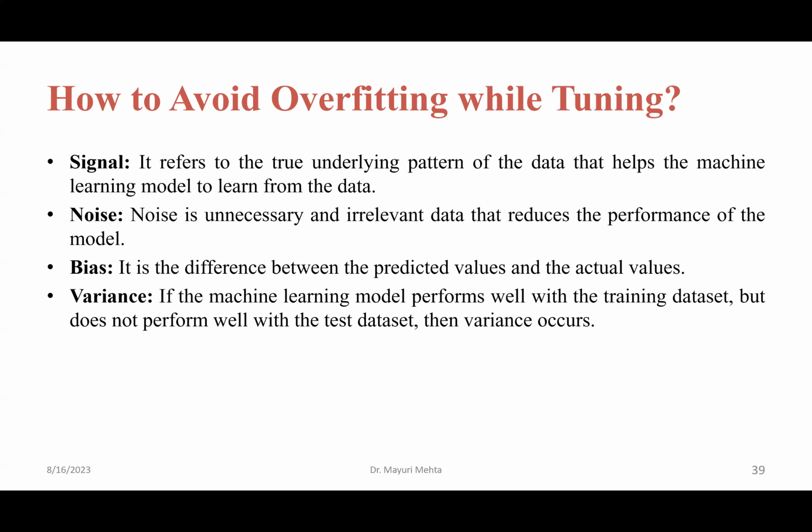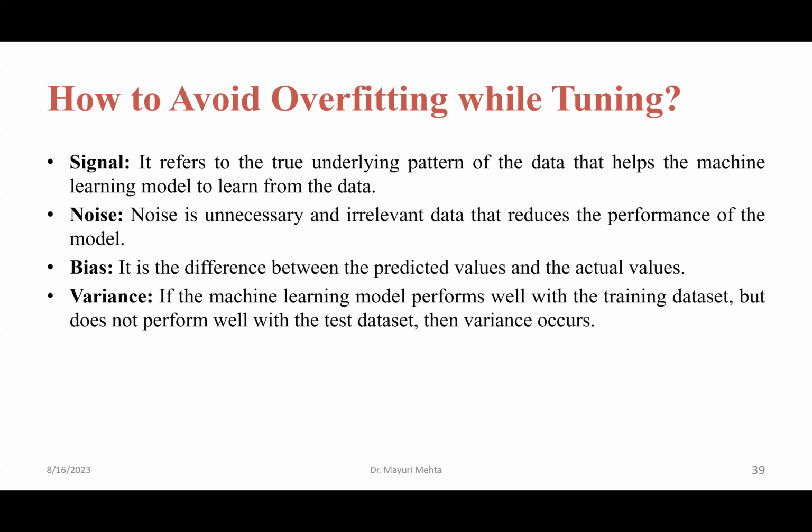With labeled data, associated with each input the output is also given, so we know what output is expected for this input. There will also be one value predicted by the machine for that input. We find the difference between the predicted value and the actual value, and this difference, which is called error, is known as bias.